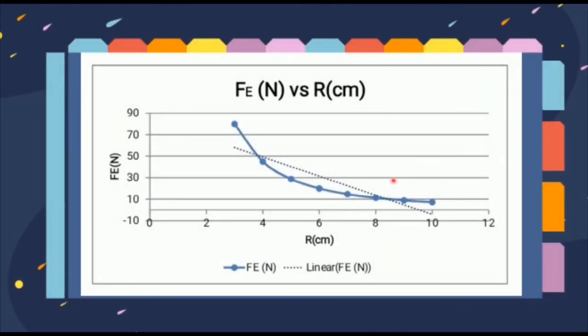Here we have the graph of Fe versus R. Fe is the electrostatic force and R is the distance between Q1 and Q2. We can see that as R is increased, Fe decreased in effect.